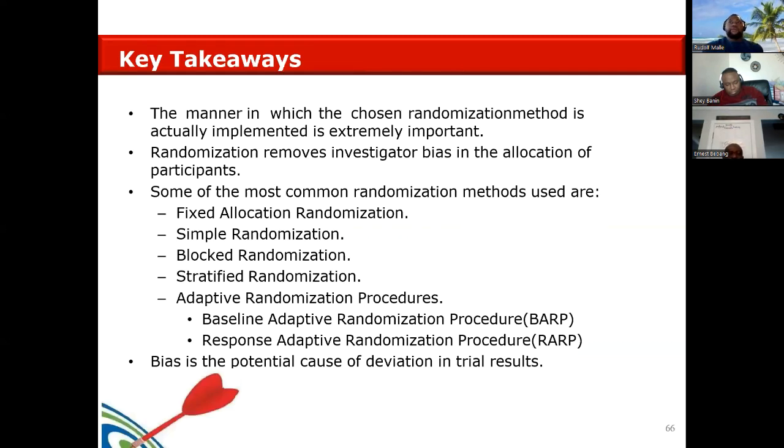So the major takeaway here is that the manner in which the chosen randomization method is implemented is extremely important. The randomization choice that goes into the study has to match the study design.